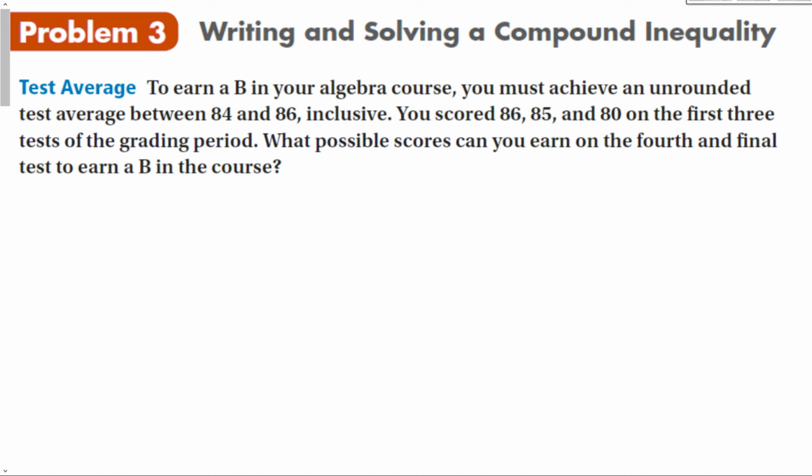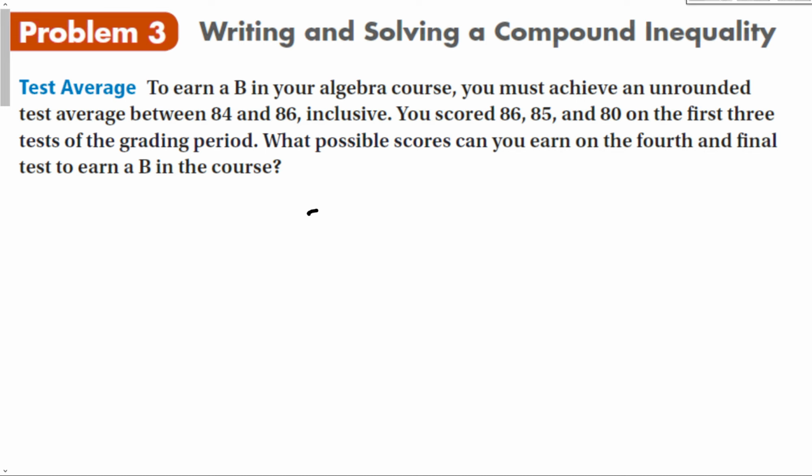So to earn a B in your algebra course, you must achieve an unrounded test average between 84 and 86 inclusive. You scored an 86, an 85, and an 80 on the first 3 tests of the grading period. What possible scores can you earn on the 4th and final test to earn a B in the course? Well, remember how you get an average.